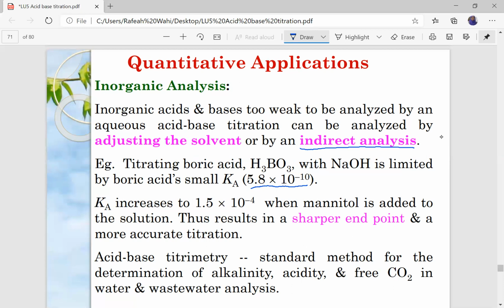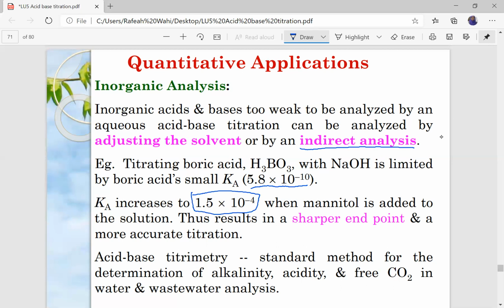Okay, so in order to overcome this problem, you can add another chemical. In this case, Ka will increase to 1.5 times 10 to the power of negative 4 when mannitol is added to the solution. So this will result in a sharper endpoint because of the higher Ka, and a more accurate titration.